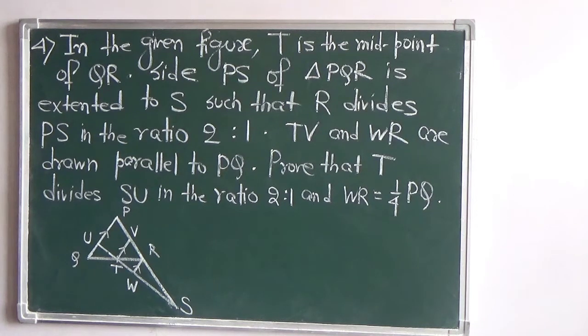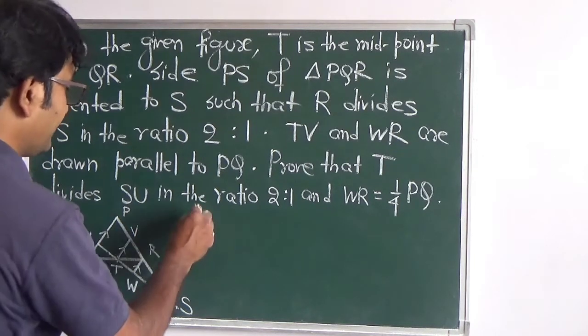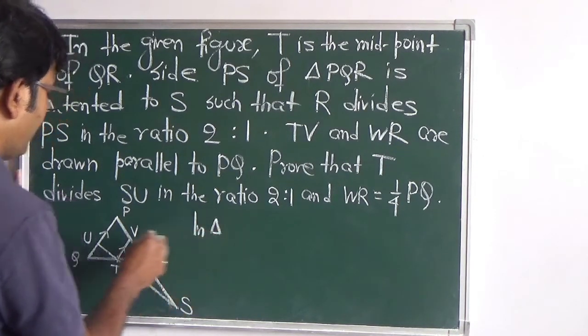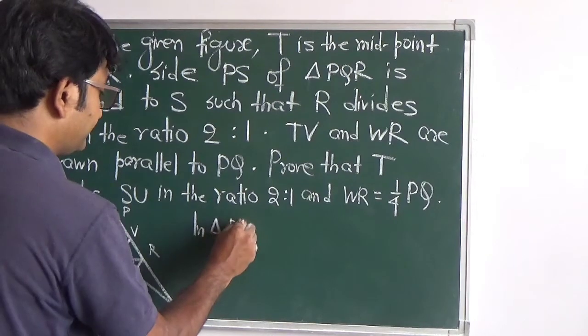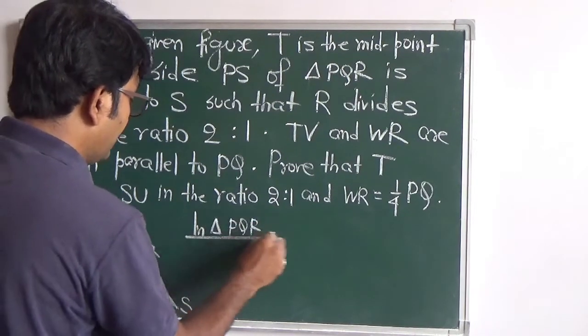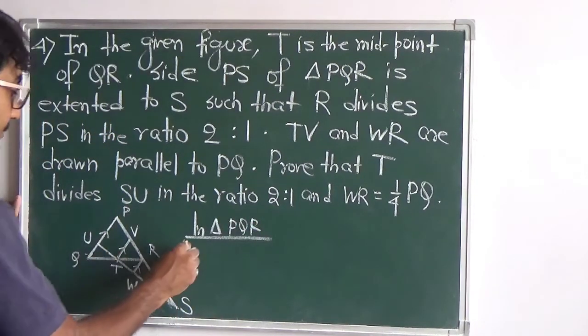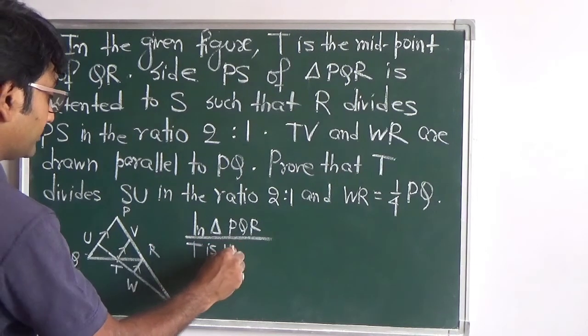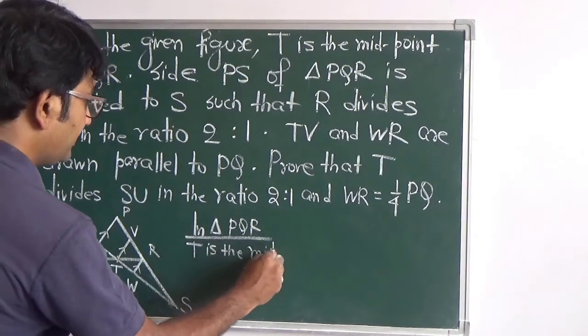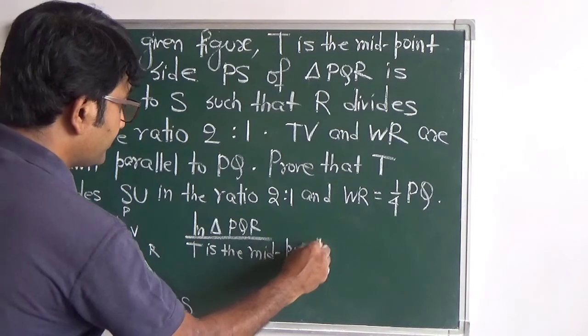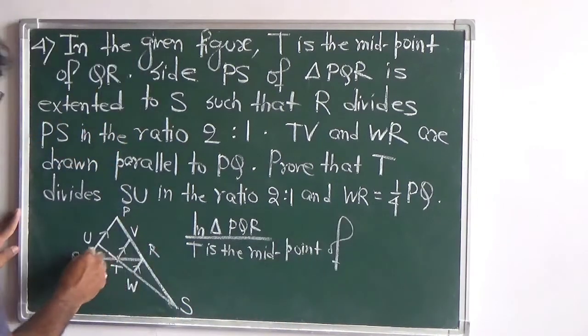Now we know that given T is the midpoint of QR. So in triangle PQR, we will move in the similar fashion. T is the midpoint of QR.